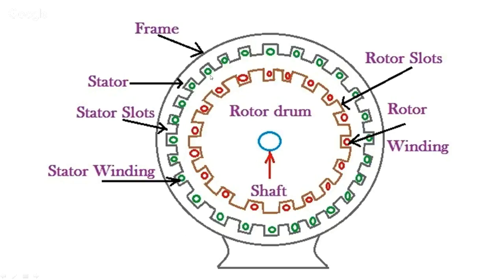Because of this, a rotation in the rotor occurs, and the rotor starts rotating, and it will try to catch up with the rotating magnetic field of the stator, but it will never succeed. So there is always a relative speed difference between the stator flux and the rotor flux, which is called the slip.